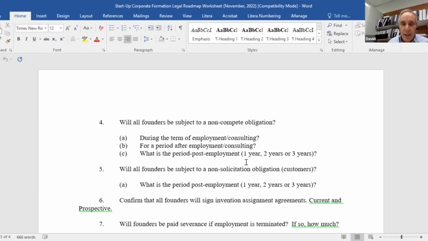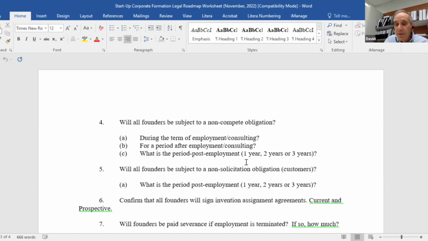And then the next one is, okay, as we go forward, I talked a little bit about what obligations for non-competes and things the founders are subject to coming in. But let's talk about once they are involved in the entity. Do we want our founders, and are they willing to be subject to a non-compete obligation with respect to the company?